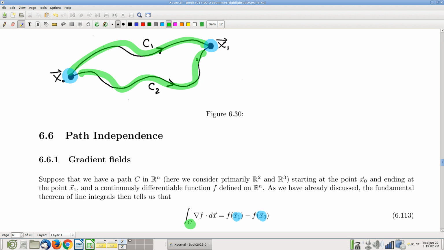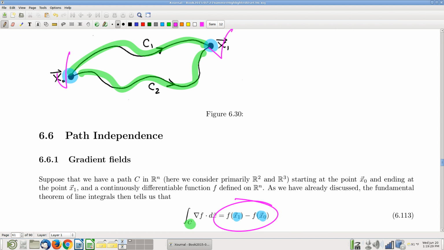This would appear at a casual glance to be a completely different line integral, and yet, check it out. The value we're going to get depends only on the starting point and the ending point. So the weird thing about this is that the value of the line integral seems to only depend on where you started and where you ended.